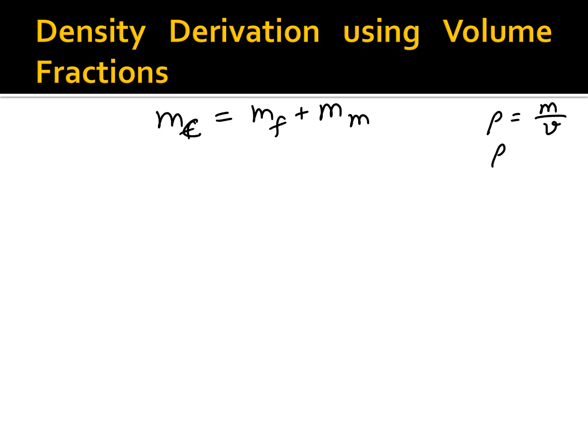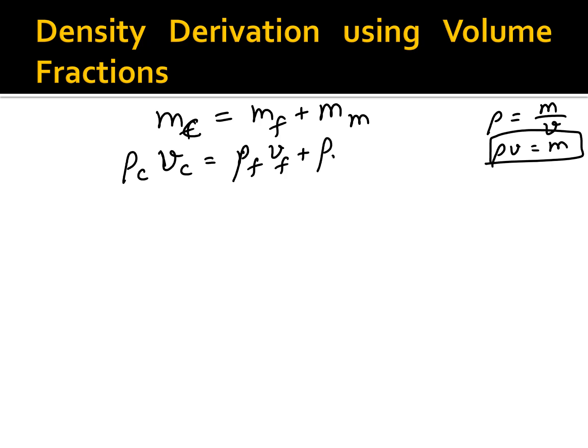So we can say that density times volume is the mass itself. If we use this here, we get that the density of the composite times the volume of the composite is equal to the density of the fiber times the volume of the fiber plus the density of the matrix times the volume of the matrix. Now what we're going to do is divide by the volume of the composite on both sides, and we're going to get something like this.